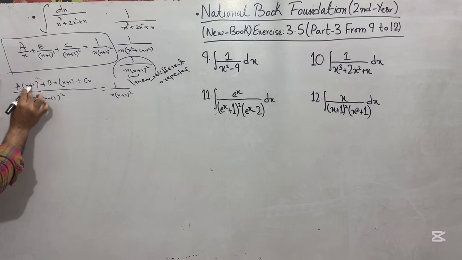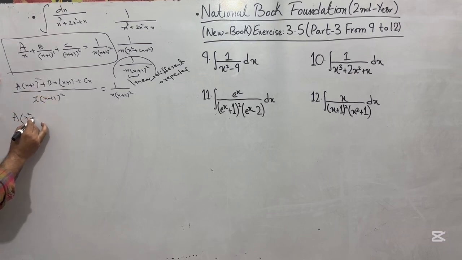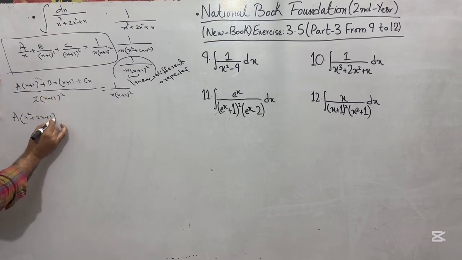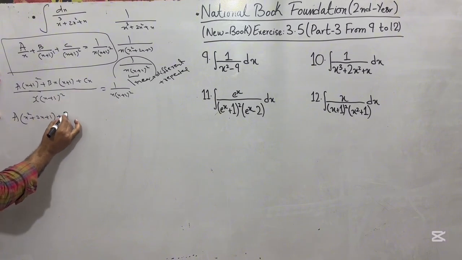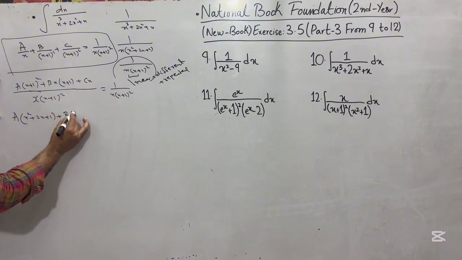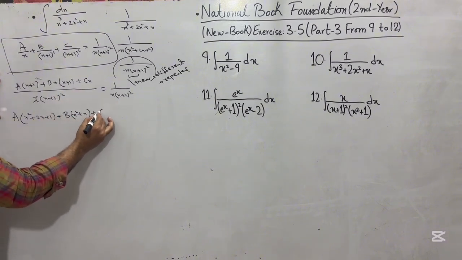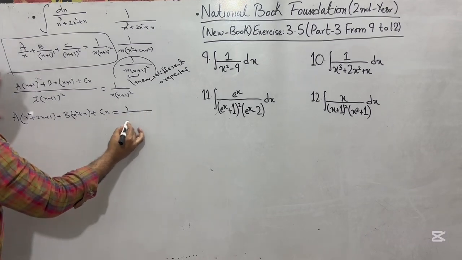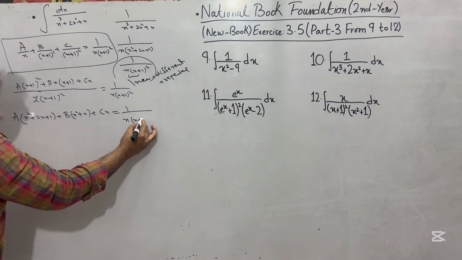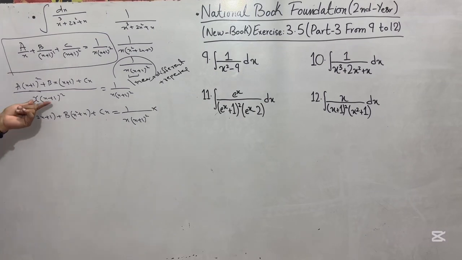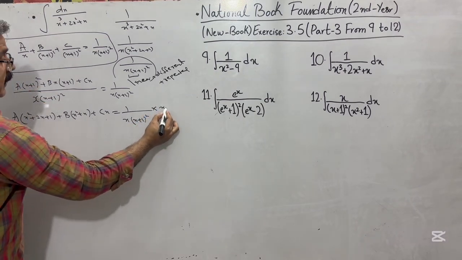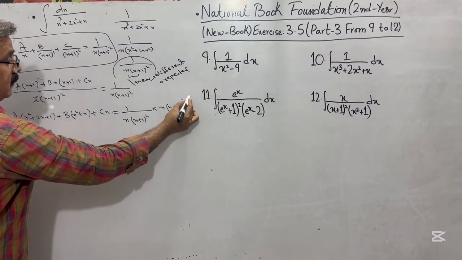A times x square plus 2x plus 1. Multiply Bx throughout, it will become B x square plus x, plus Cx is equal to 1 over x times x plus 1 whole square, shifting this quantity to the right, x times x plus 1 whole square.